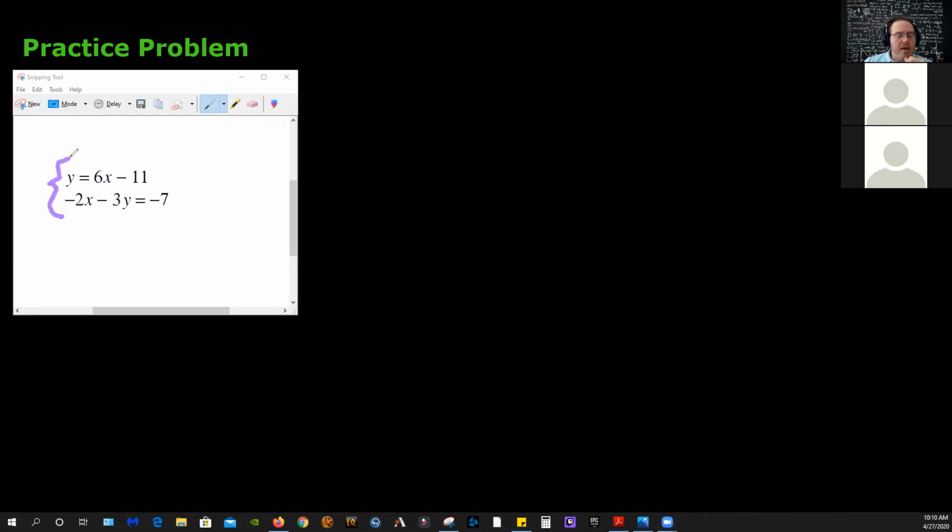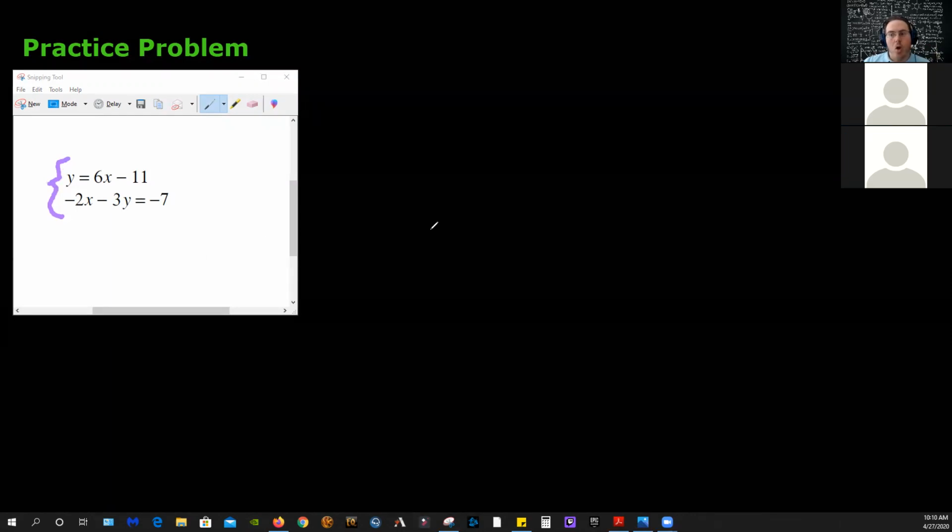When you see this bracket, that just means that these two equations are in the same graph. So what we are going to do is a series of steps to figure out the exact XY where they crisscross each other. And that'll be our solution.